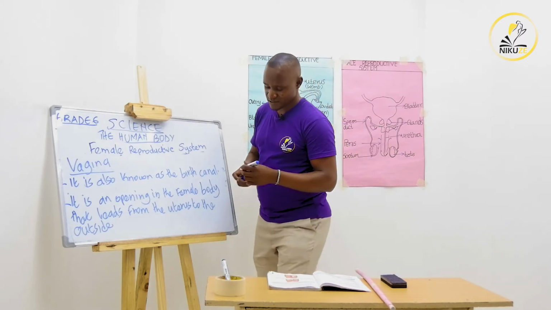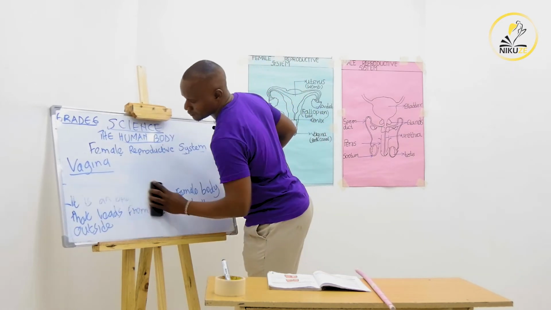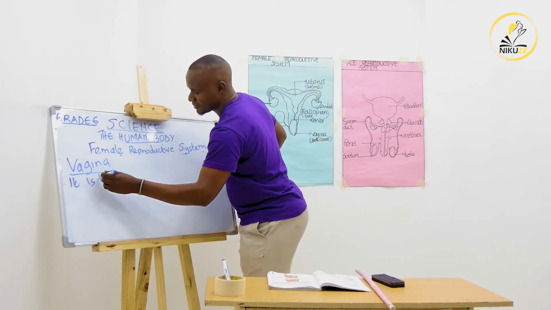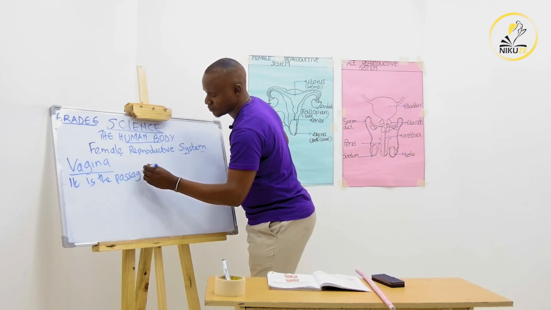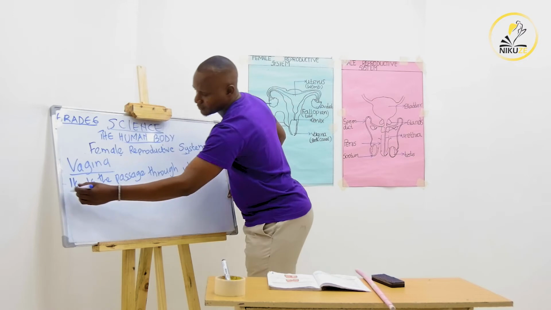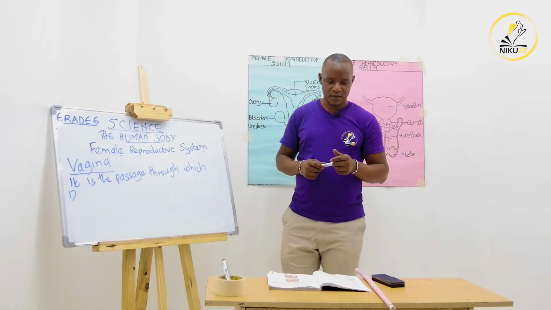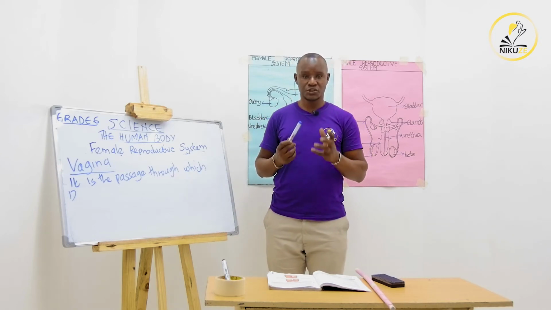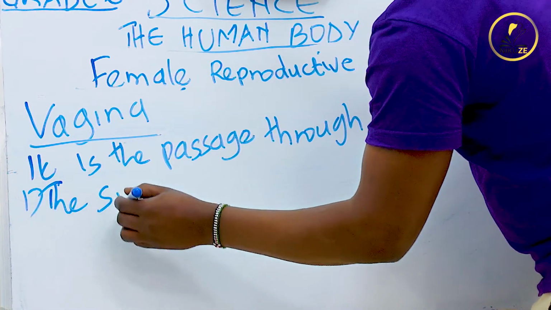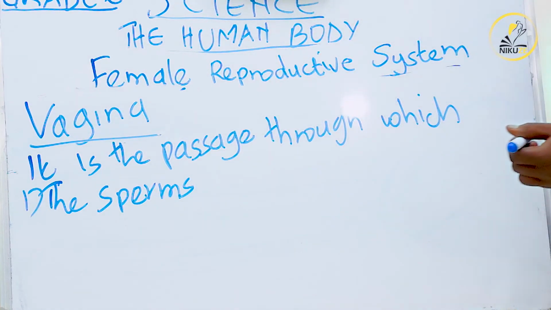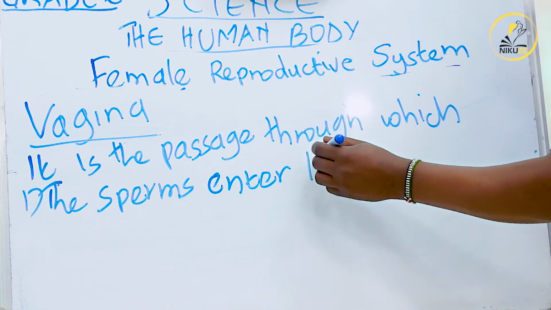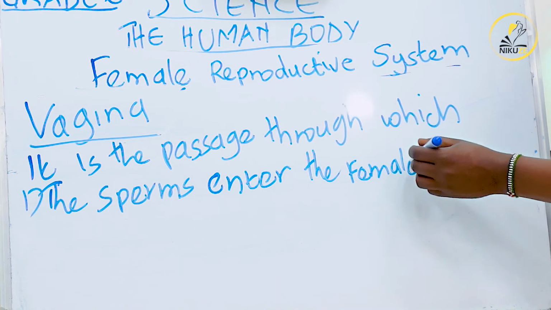So the vagina is the passage through which, one, the sperms enter the female reproductive system during sexual intercourse.